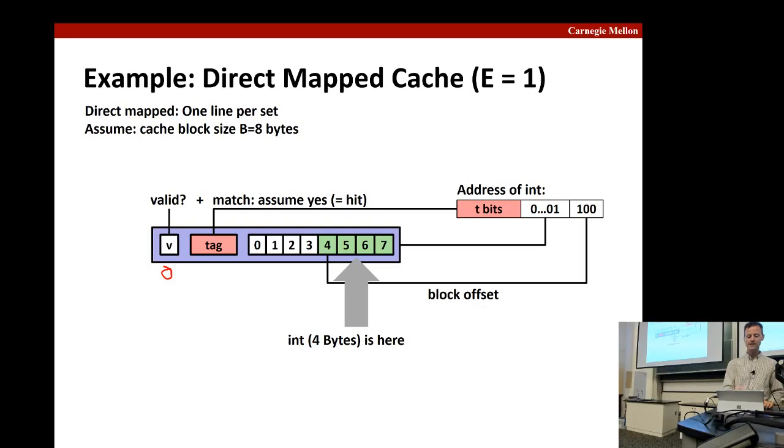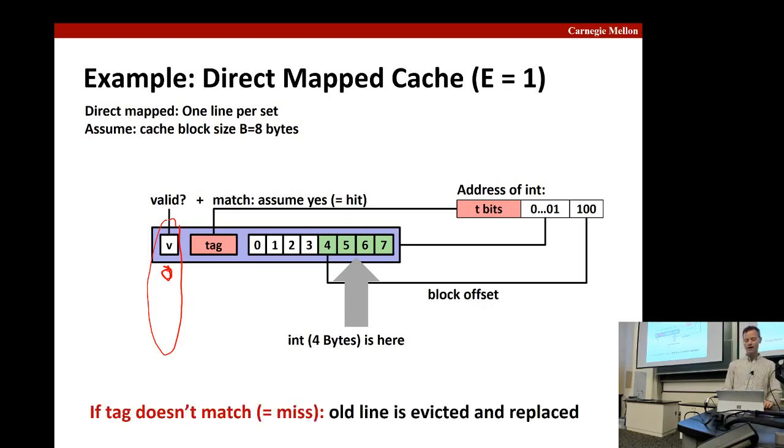And there are other cases in which the valid bits will get reset to 0. For instance, if you swap in a new process, or if there's multiple cores and one core sort of steals the cache from another, then you could reset this to 0, even though you didn't have anything to replace it with right away as well.